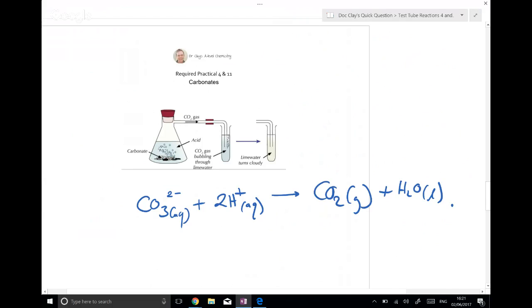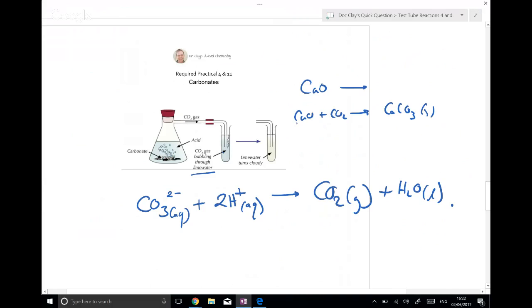If you bubble that CO2 through limewater, being calcium hydroxide, then the reaction with CO2 gives you what you know to be calcium carbonate, which is a white solid, calcium carbonate being chalk, like the White Cliffs of Dover, and that's why we get a milky white solution.